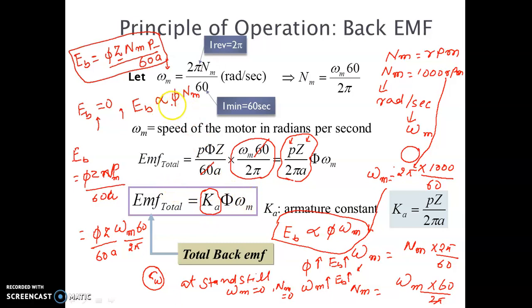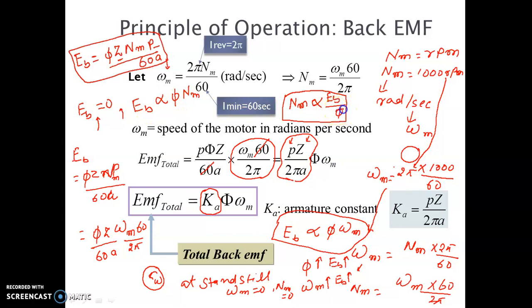This relation is very useful. From it you can also write Nm equal to EB by phi, so Nm is proportional to EB by phi. This relation is also very useful in solving problems.